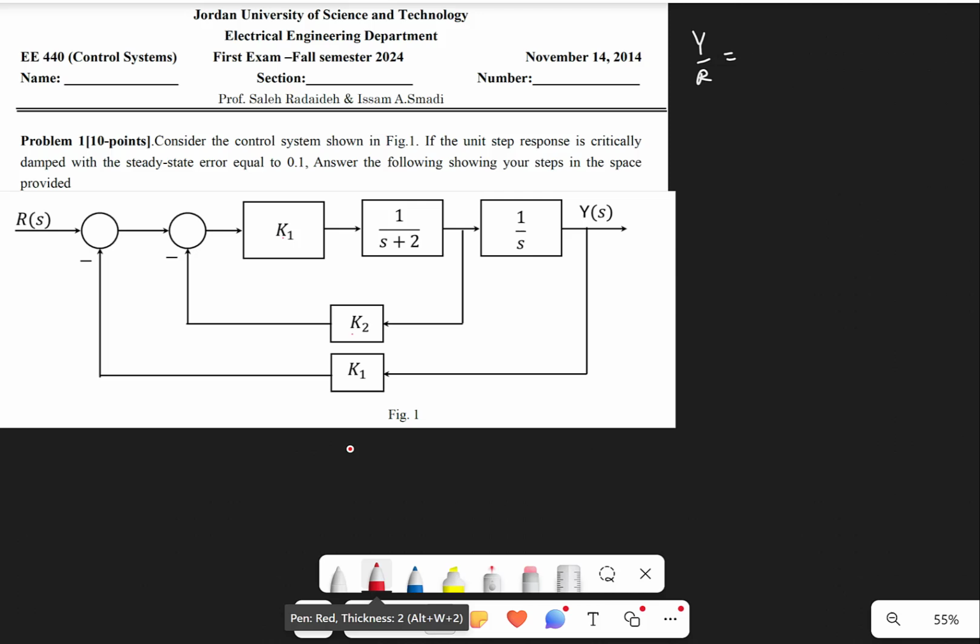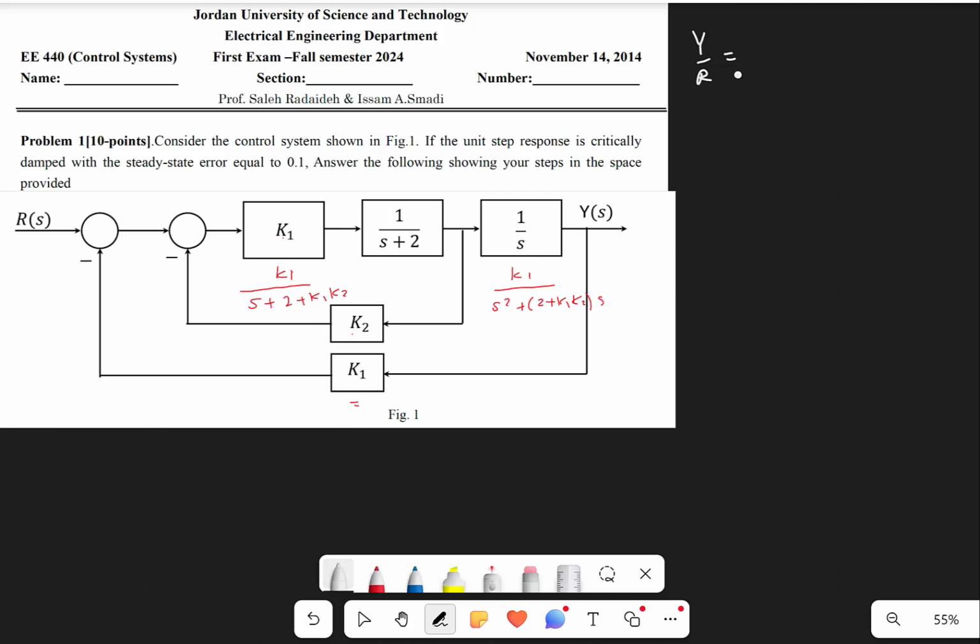So it can be written as K1 over S plus 2 plus K1 K2, which is cascaded with 1 over S, so it can be written as K1 over S squared plus 2 plus K1 K2 multiplied by S, which is a feedback with K1.